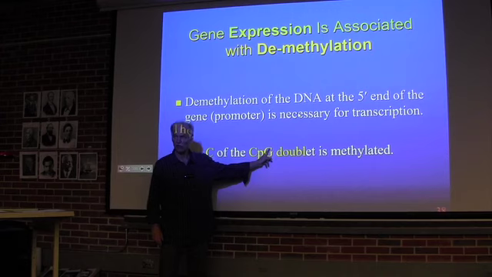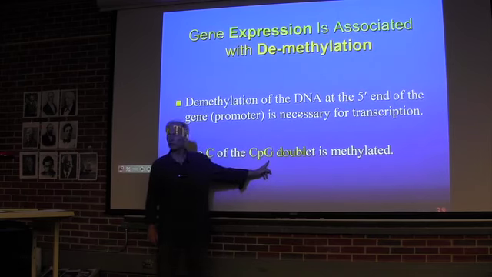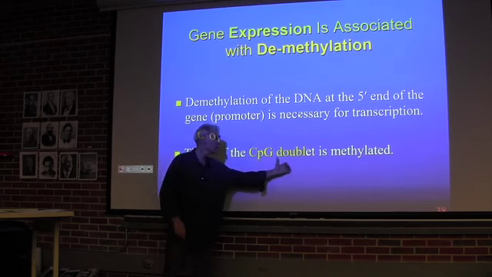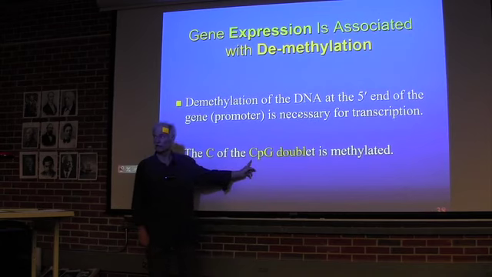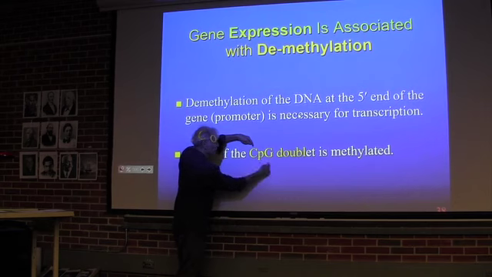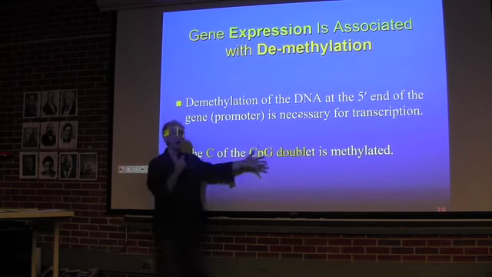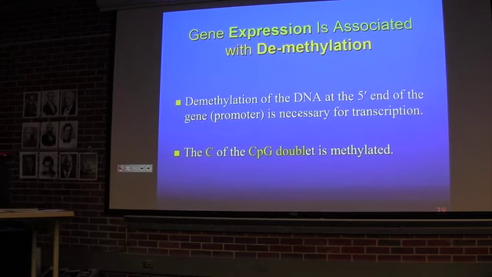What would this look like on the bottom strand? It would look like a G, a P, and a C. But you wouldn't read it that way because the bottom strand is going the other direction. It would still be CpG on the bottom strand. So both strands are methylated at the C. There'd be a C here, and if you read it 5' to 3', it always says CpG.